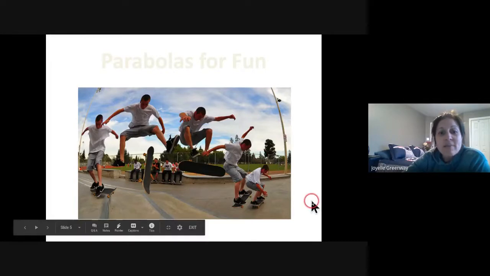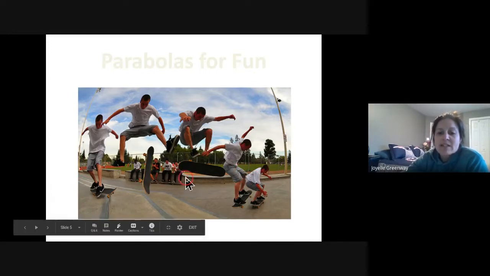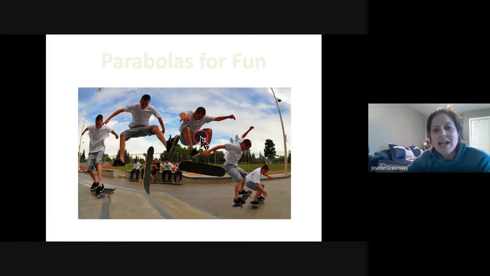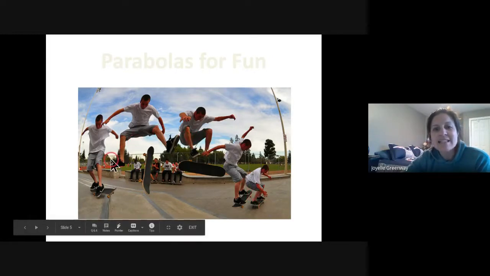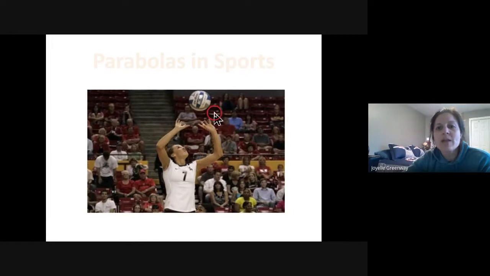Also, when you skateboard, you go off of a ramp, you jump, you do your little kick flips or whatever that's called. When you go up and you come down, that is in the shape of a parabola. This girl is playing volleyball. When she hits the volleyball, it goes in the shape of a parabola.